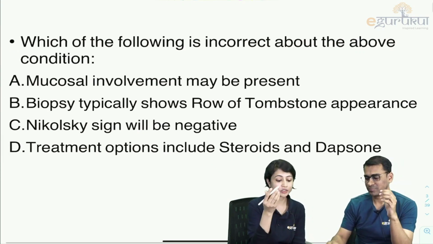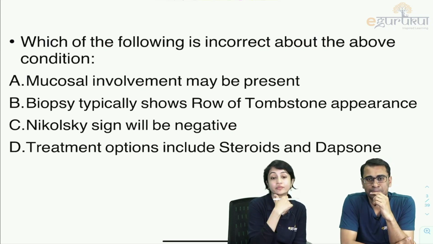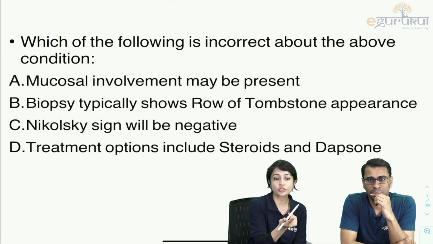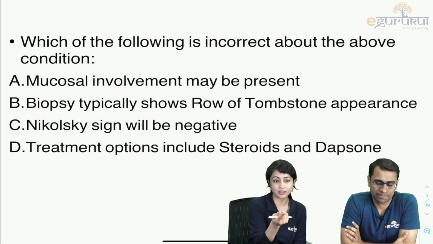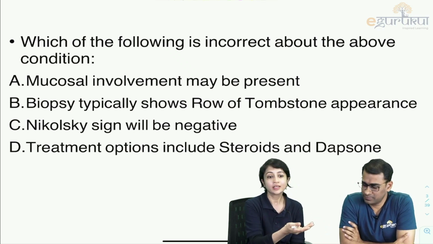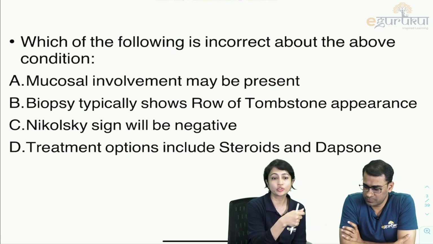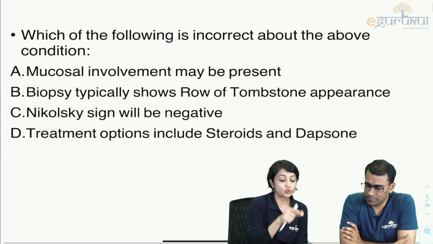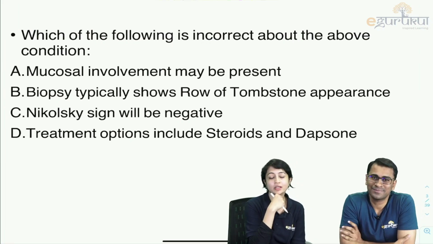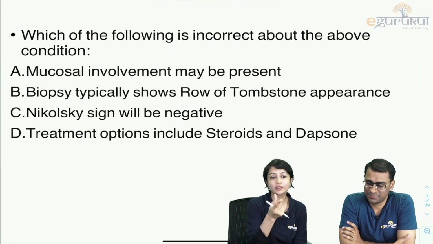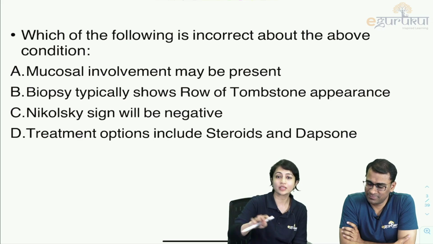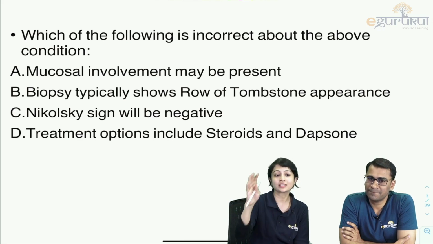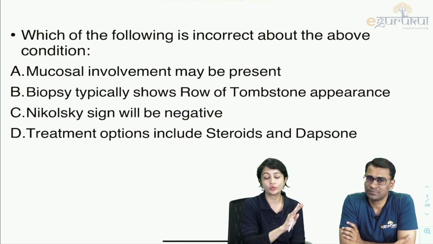So we are here trying to find out the incorrect statement about the above condition. The most important thing is diagnosing the correct condition, which I think with all the clinical and histopathological inputs, you should be clear with. Now let's look at each option. Mucosal involvement may be present. Whenever we look at mucosal involvement, you people think that this is Pemphigus vulgaris because you've been taught that vulgaris has mucosal involvement, foliaceous has no mucosal involvement.